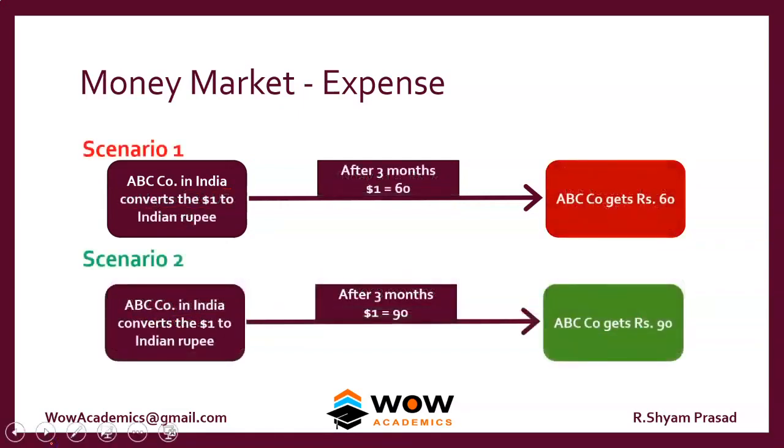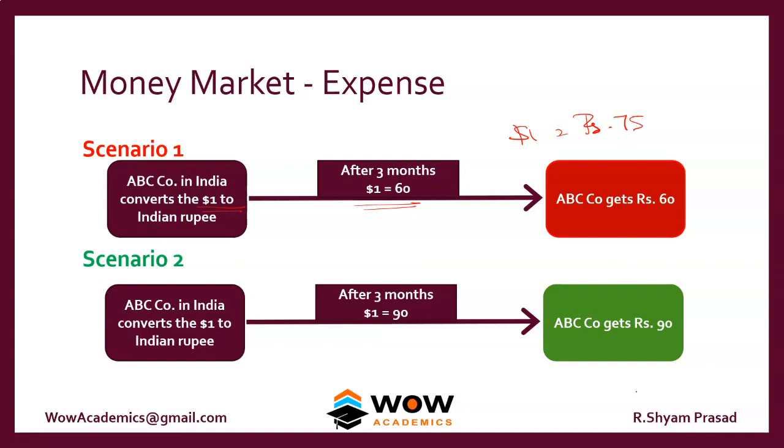We'll have two scenarios now. In case ABC gets the $1 after 3 months, when they go for conversion, it is only 60 rupees. The contract was entered thinking they will get 75 rupees per dollar, but now they got only 60 rupees.